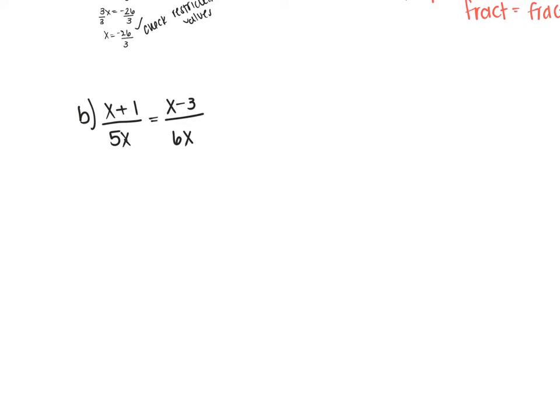So the second example, very similar thing. I have a fraction equal to a fraction, so I'm going to cross multiply. I'll have 6x times x plus 1 equals 5x times x minus 3.